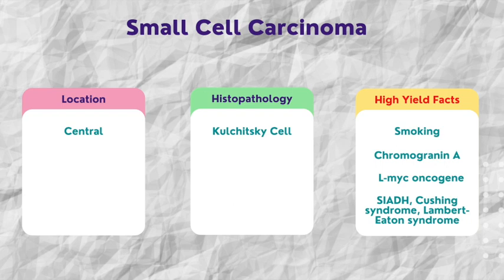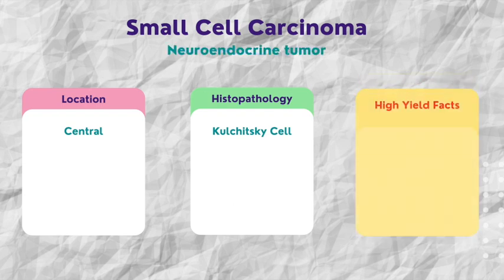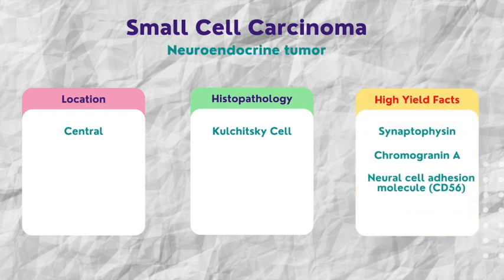But I really want to zoom in a bit on the markers for small cell carcinoma, because small cell carcinoma is a neuroendocrine tumor. So you can see that patients that have these tumors can have synaptophysin, chromogranin A, and neural cell adhesion molecule, or CD56.